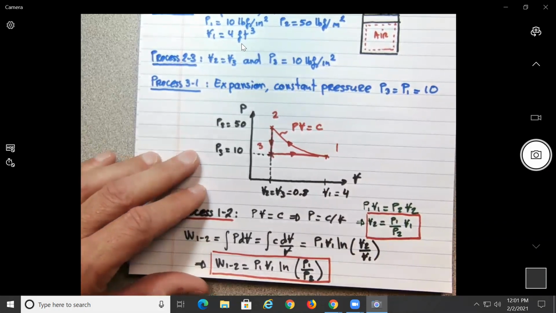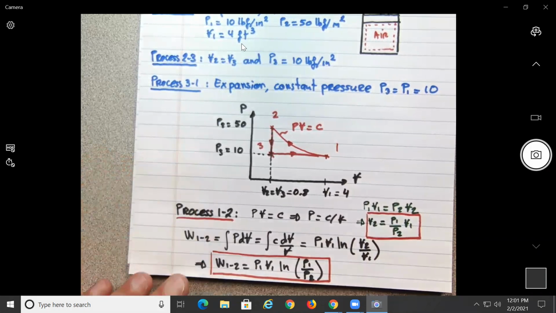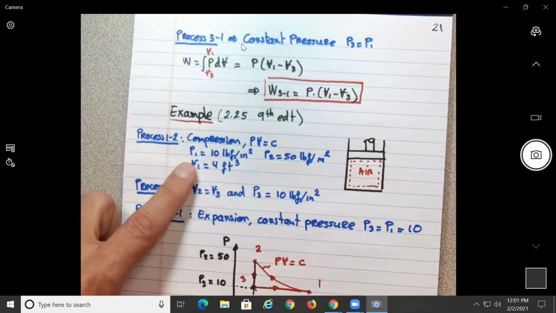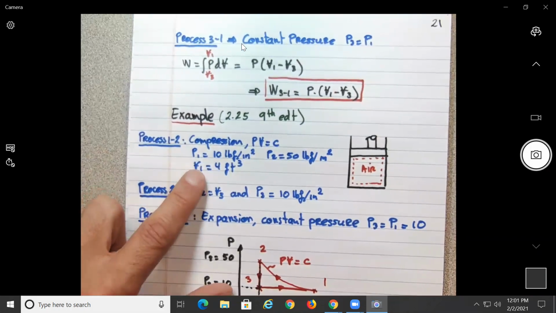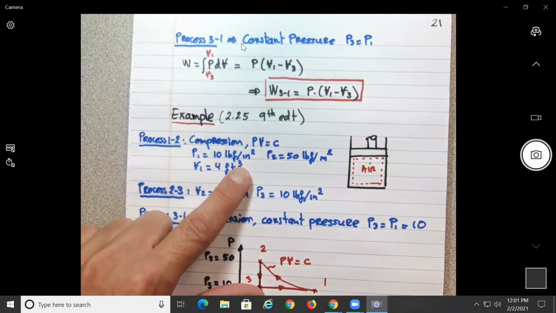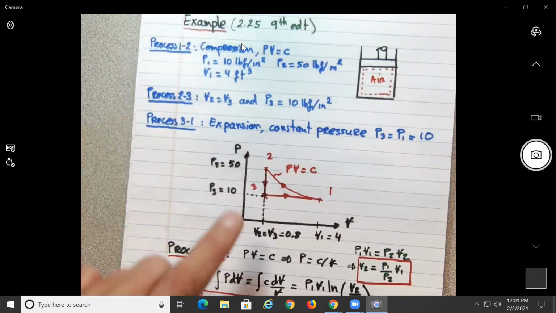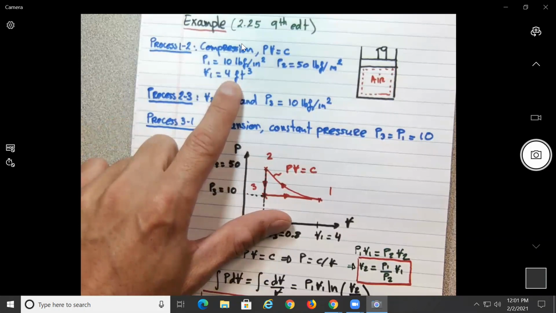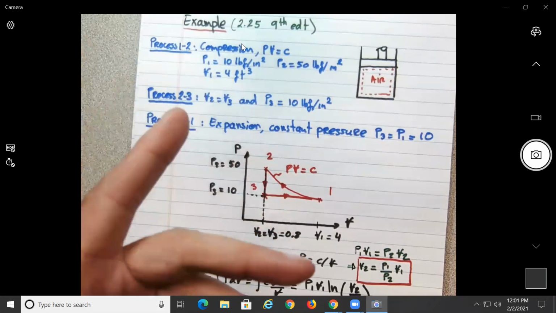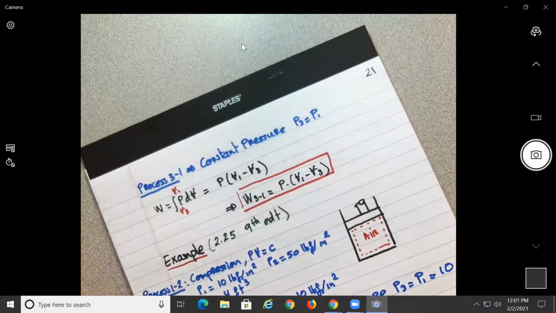Anyway, I think we need to be careful here with the units, because P1 is given in what? Pound force per inch square. Volumes are given in what? Cubic feet, no? Okay, so when we do the calculation, we need to be a bit careful.